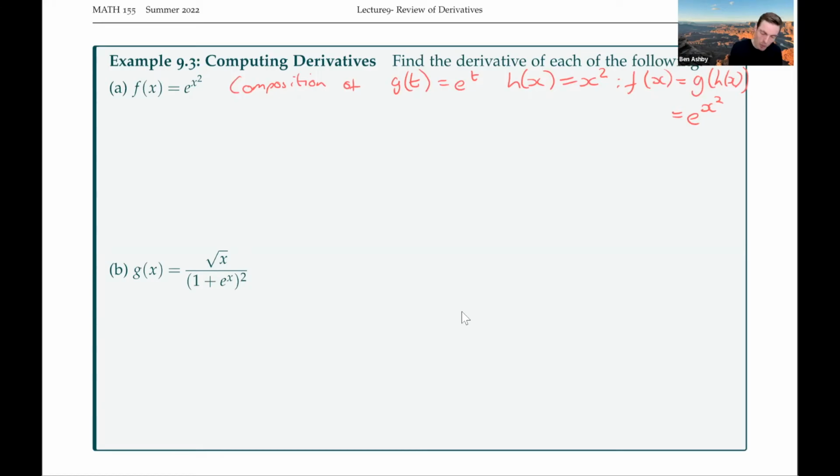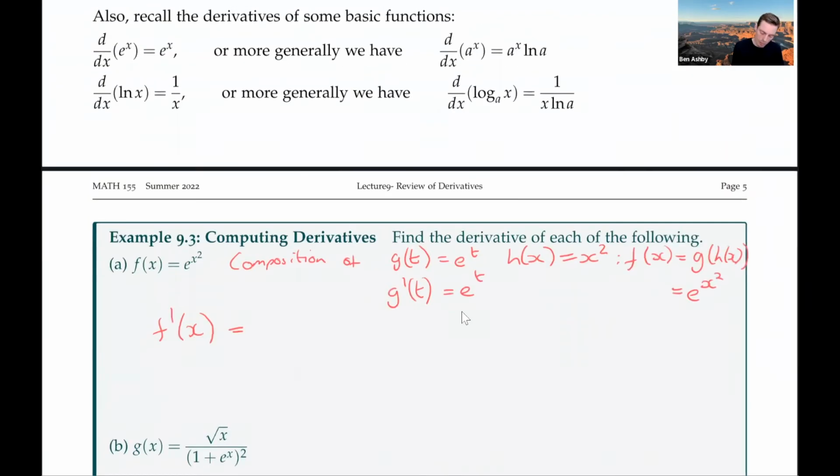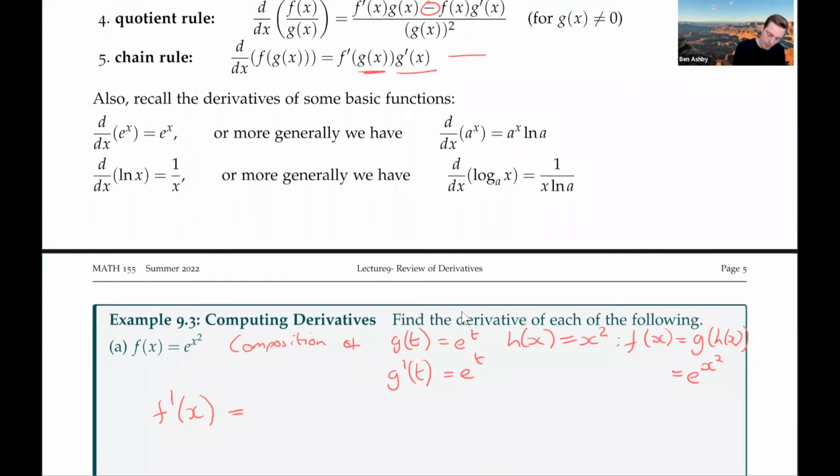So if we think about what g prime of t is, it's just going to be e to the t. And so if we think about f prime of x, well, we're going to use the chain rule here. So remember the chain rule, this one here, we want to take the derivative of the outer function, which in this case is our g of t, and then evaluate that at t is equal to h of x. So that's the first part.